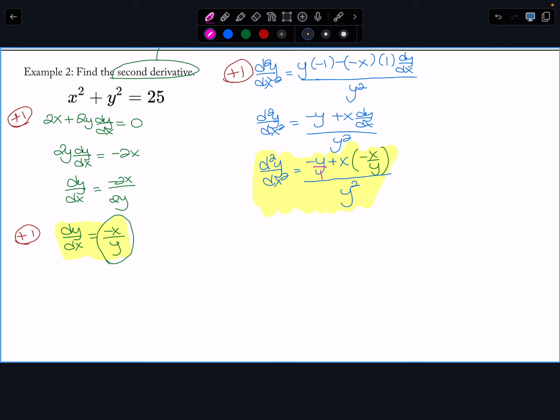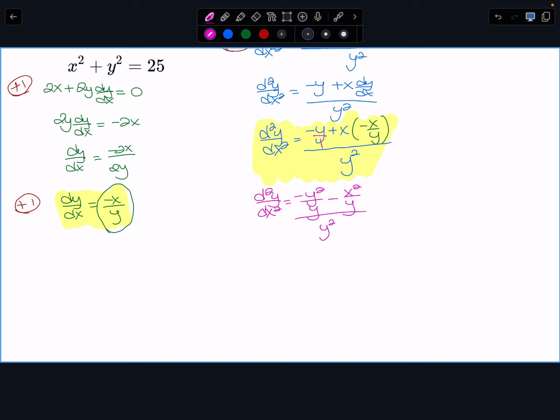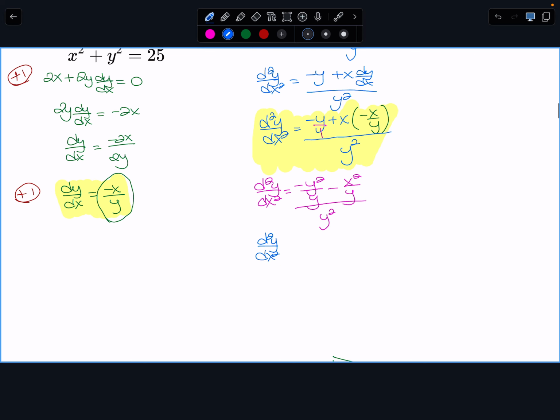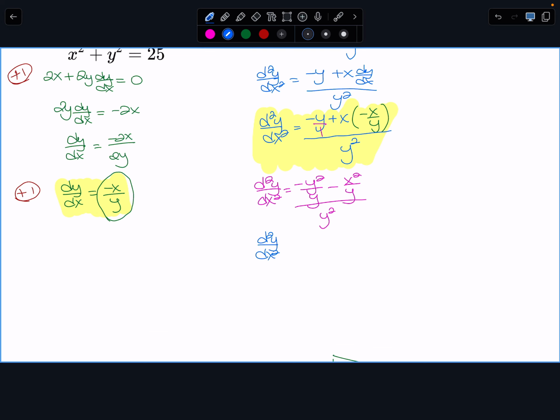Okay, so I'm going to find a common denominator in my numerator. So my common denominator in my numerator is y. And then I'm going to write it as one fraction in the numerator.